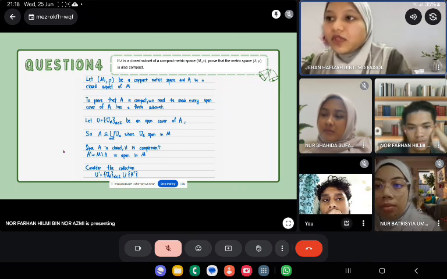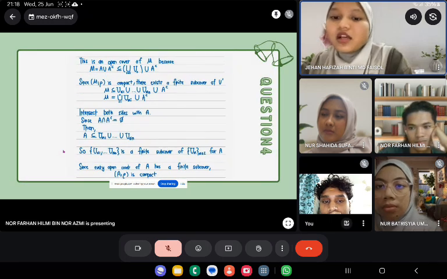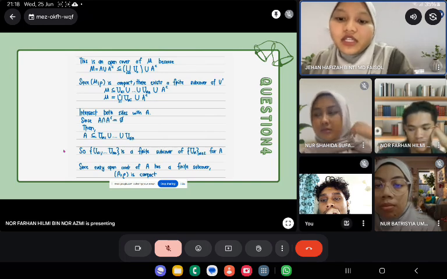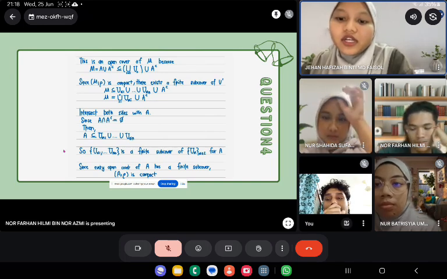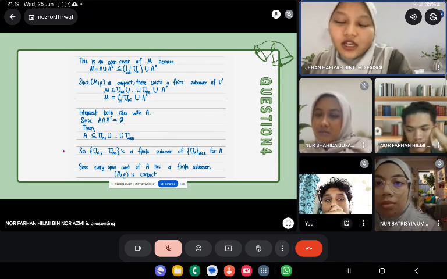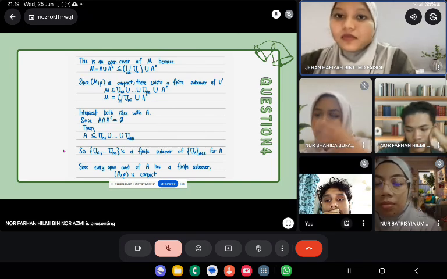Next, this is an open cover of M, because M equals A union A complement, which is a subset of the union over alpha in I of V alpha, union with A complement.